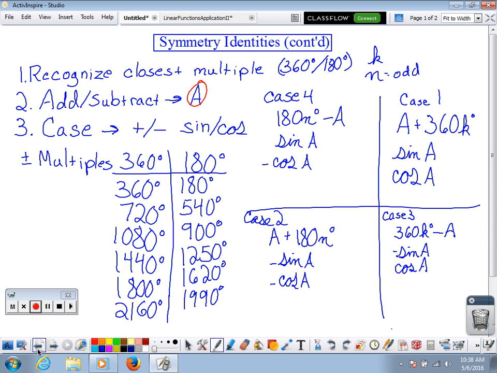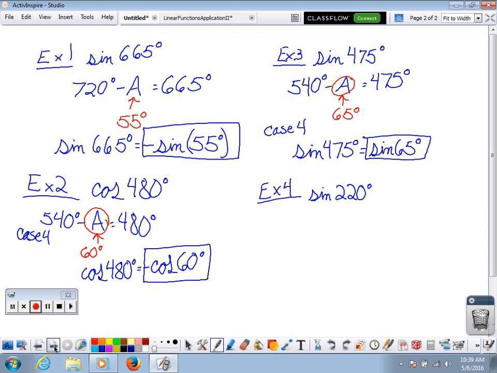Okay, let's look at our multiples. Can you tell me what to think of from here? Very good. It's closest to 180 degrees.